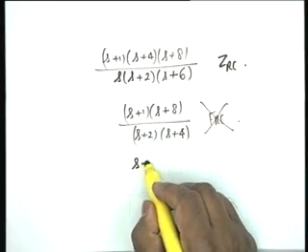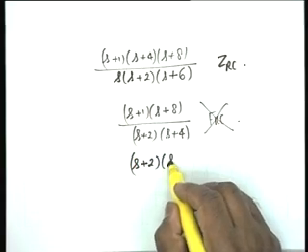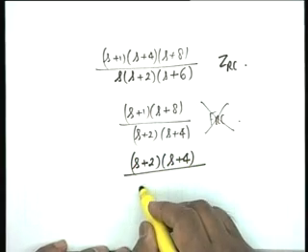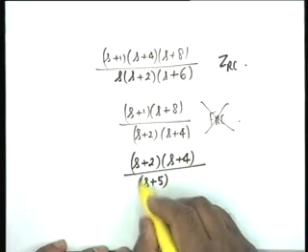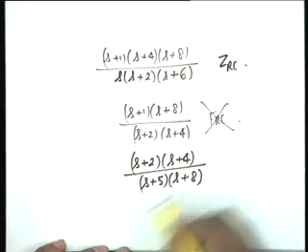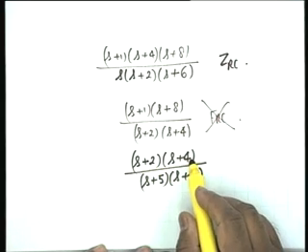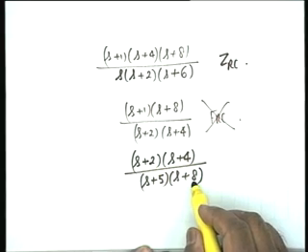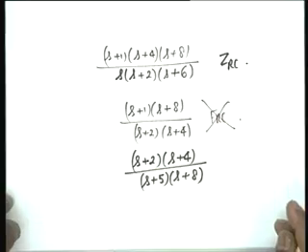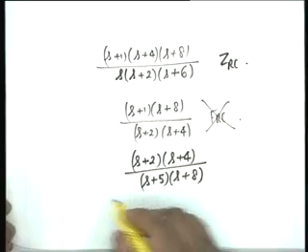The next one, (S plus 2)(S plus 4) divided by (S plus 5)(S plus 8). No. Minus 2, minus 4, minus 5, minus 8. It cannot be. Agreed? Okay. Next.